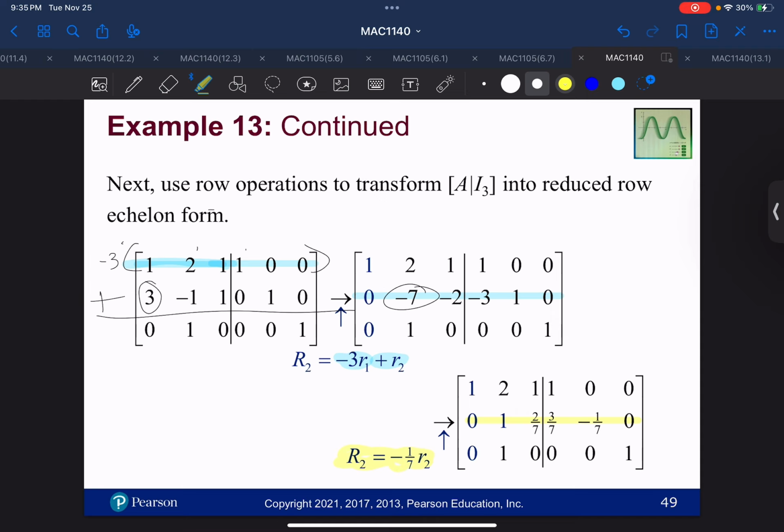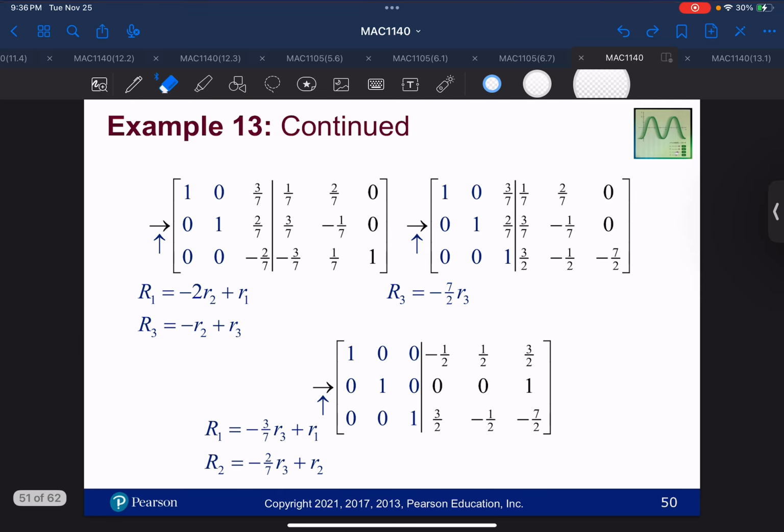So we will get a positive 2/7, positive 3/7, negative 1/7, and still 0. And now the last thing we need to do is get this entry to be 0. So I can multiply row 2 by negative 1 and add it to that 1. That'll give me 0. So that's what I'm going to do in the next slide.